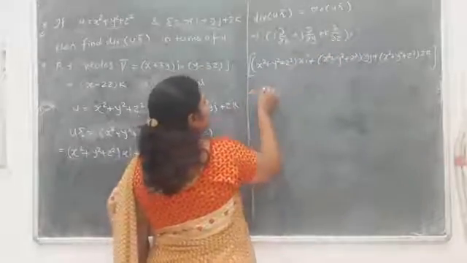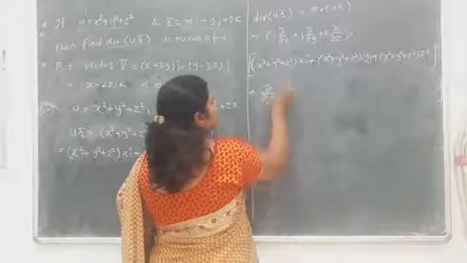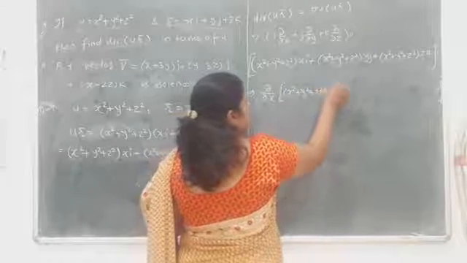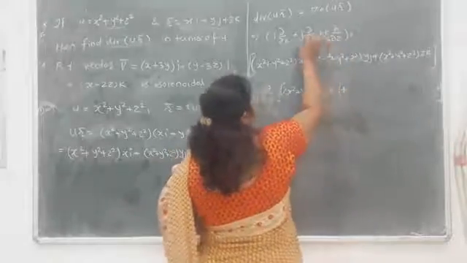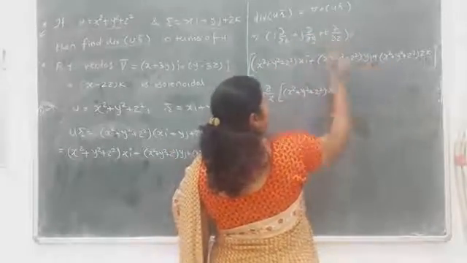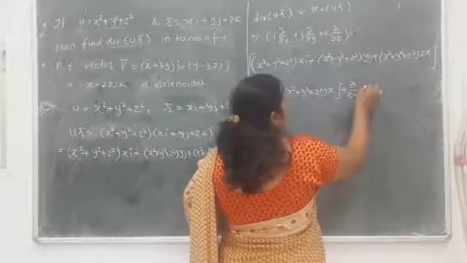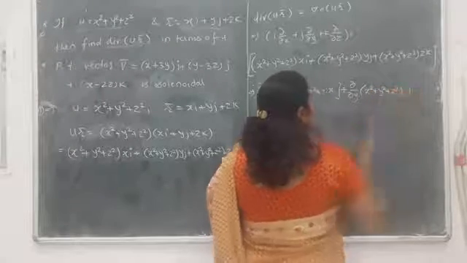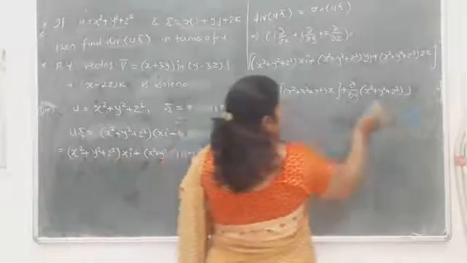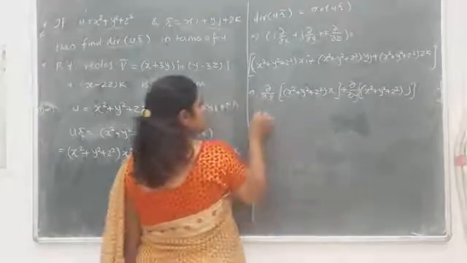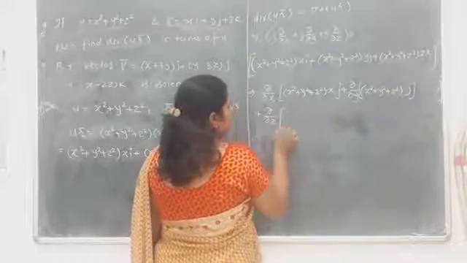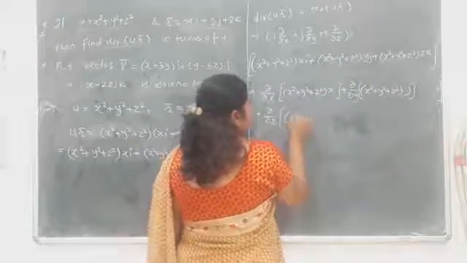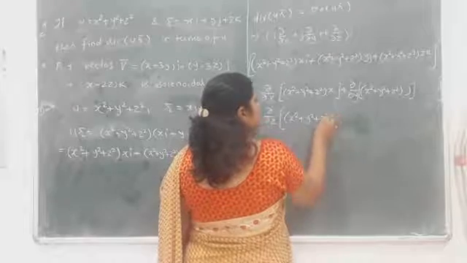That implies del/del x of that term, that is (x square plus y square plus z square) into x, then plus the second term, j dot j is 1, so it can be written as del/del y of (x square plus y square plus z square) into y, then plus the third, complete your bracket because there are two terms, plus del/del z of, here k dot k is 1, so del/del z of (x square plus y square plus z square) into z.